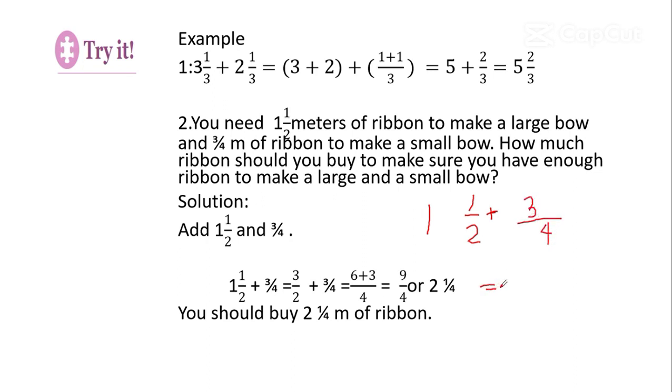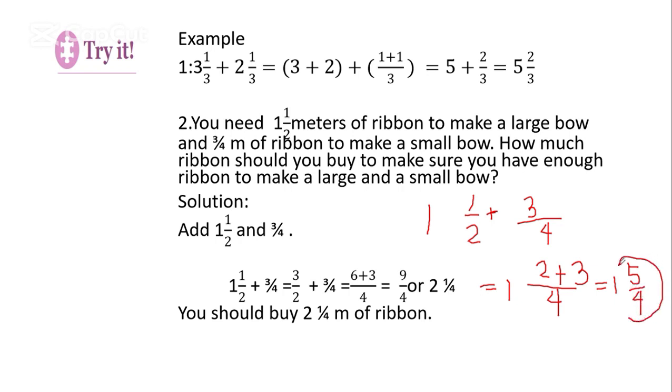So just copy the whole number, then over 4, the common denominator. 4 divided by 2 is 2 times 1 is 2, plus 4 divided by 4 is 1 times 3 is 3. So you got 1 and 5 over 4.